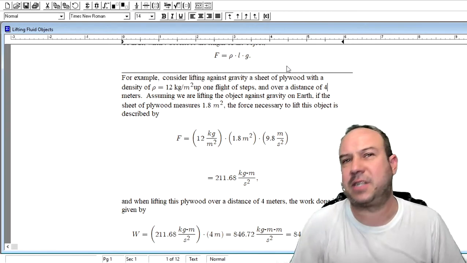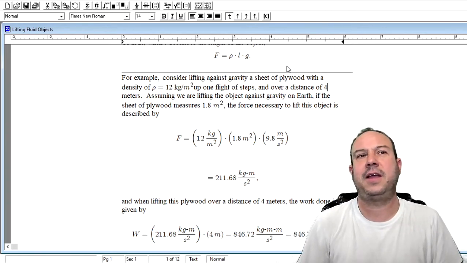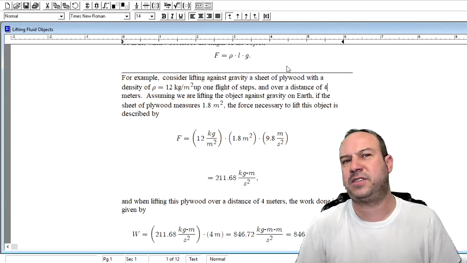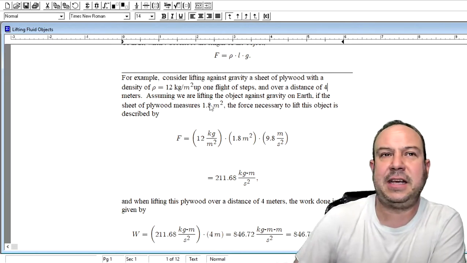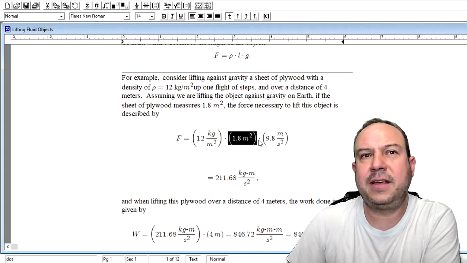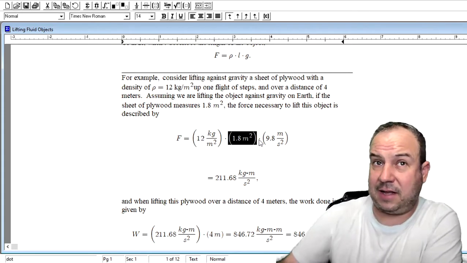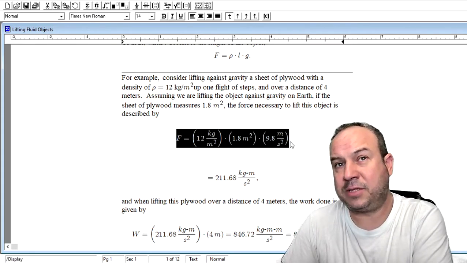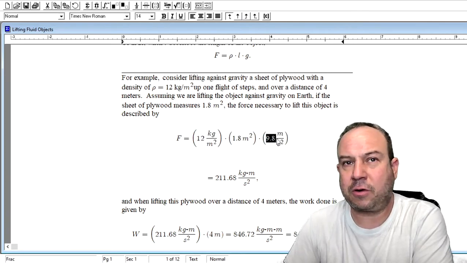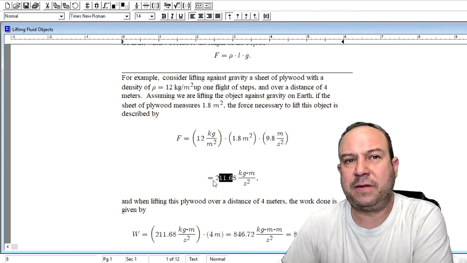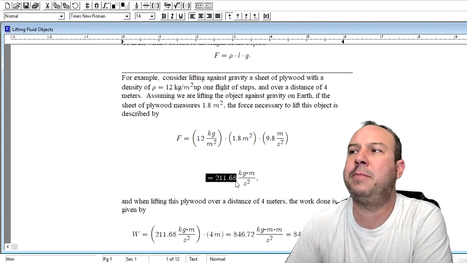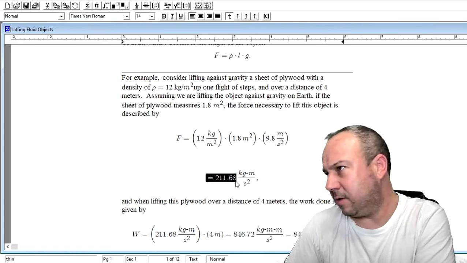Assuming we are lifting the object against gravity on Earth, if the sheet of plywood measures 1.8 meters squared, the force necessary to lift this object is described as we see here. It is the density of the object times the area of our object times the acceleration due to gravity, giving us a force of 211.68 kilogram meters per second squared.